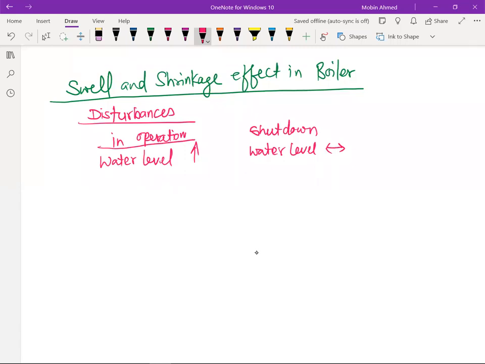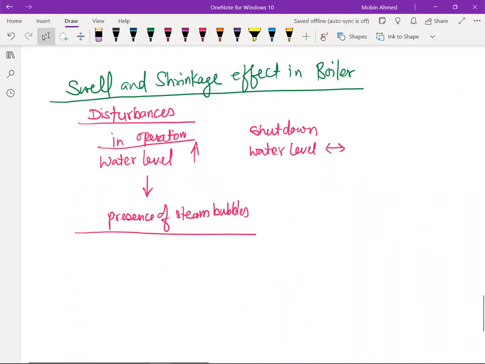Why is it reading higher? There is a reason: the presence of steam bubbles. When the steam is produced and there are steam bubbles, that is the reason why the water level is always going to read a little higher.